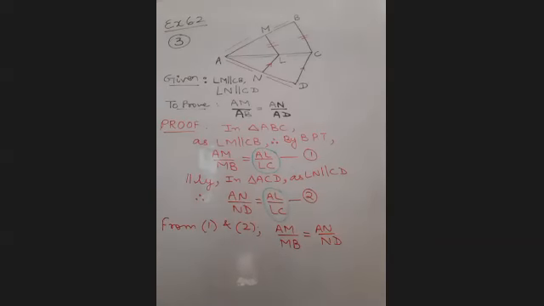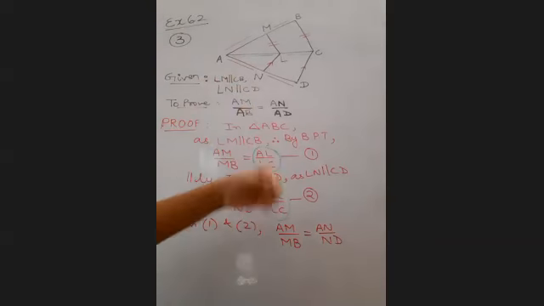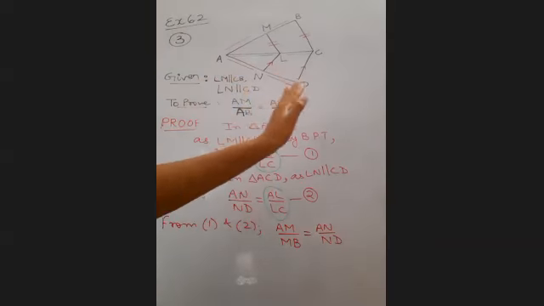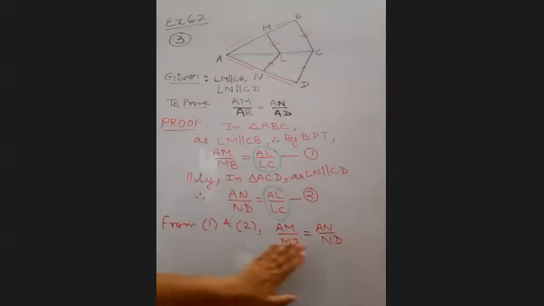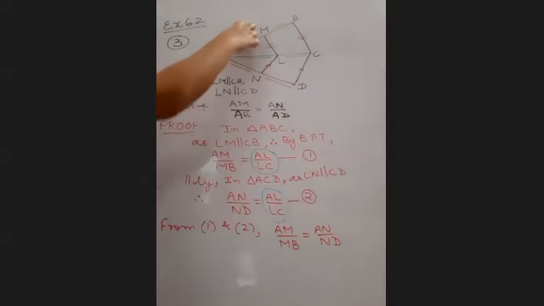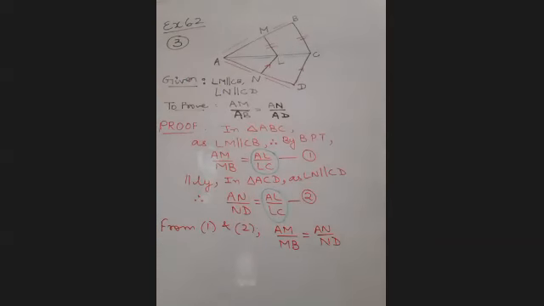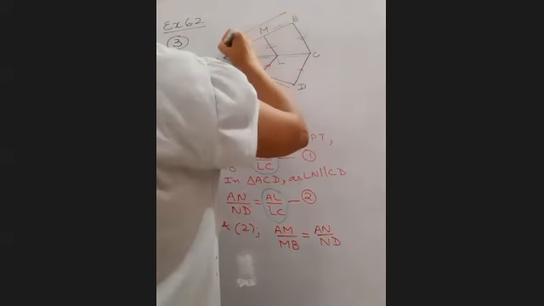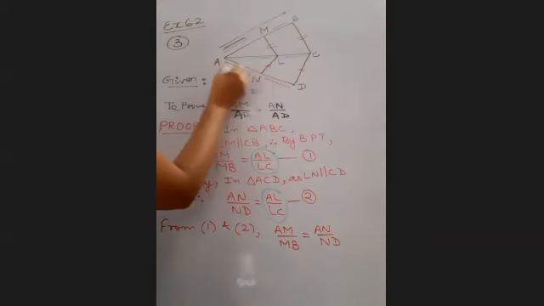Now look at what is to be proved. Though I said blindly apply BPT wherever you find parallel lines, after reaching the conclusion, see what is to be proved. We have to prove AM upon AB, the total side, and AN upon AD.